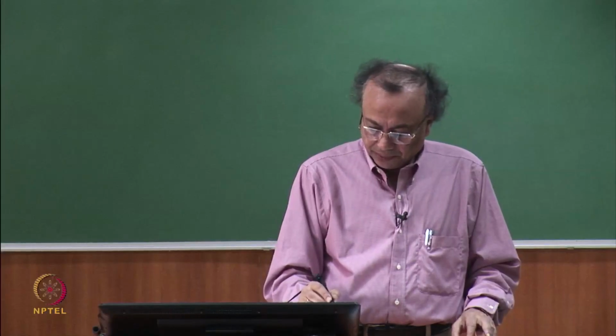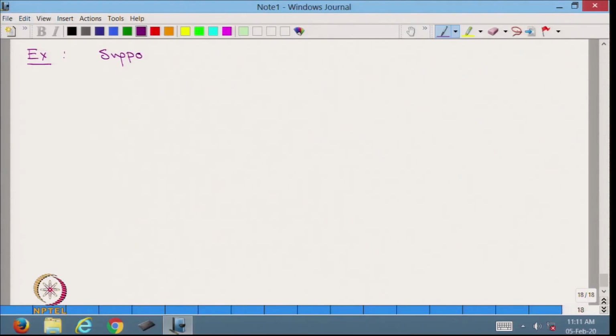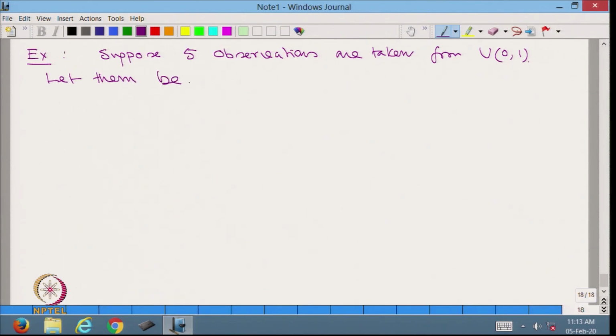Now, let me give you an example. Suppose 5 observations are taken from uniform (0,1). Let them be X1, X2, X3, X4 and X5.